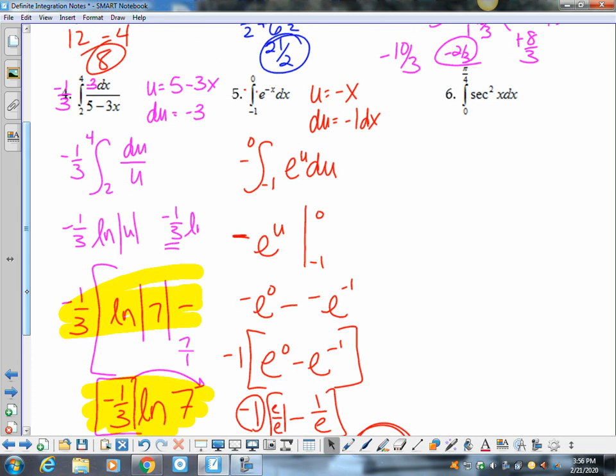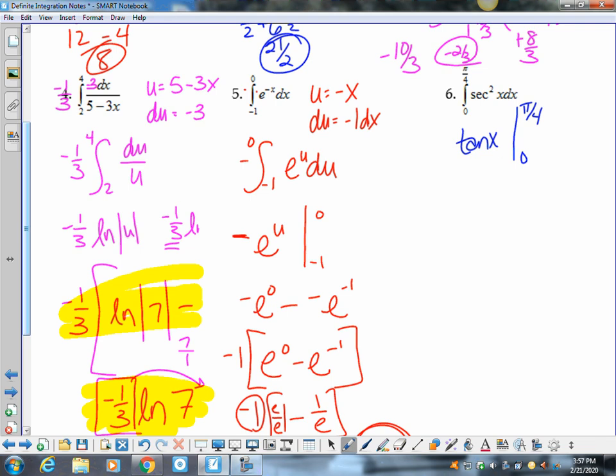Number 6, secant squared. So you've got to remember that secant squared is the result of the derivative of tangent. So then the antiderivative of secant squared would just be tangent. So no u sub needed, just have to know those derivative rules and then think backwards.